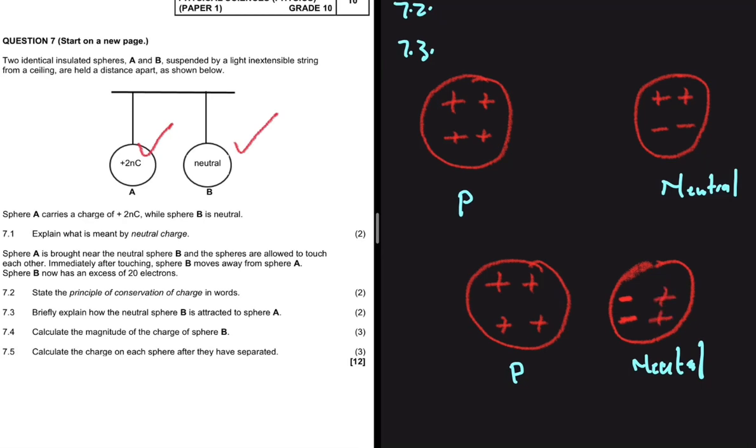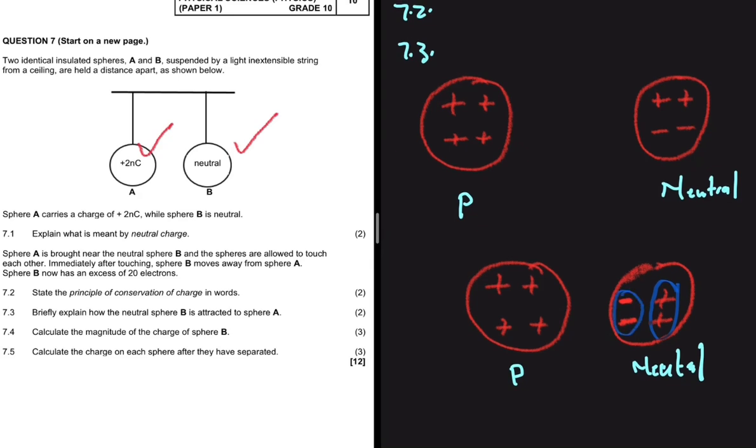This happens because positive and positive repel, right? That is why the protons are further away from the positive charge and the electrons are closer to it. So what is occurring on our neutral charge is what we call polarization.